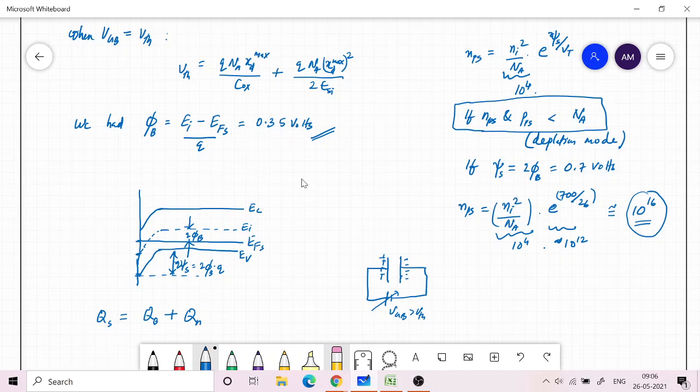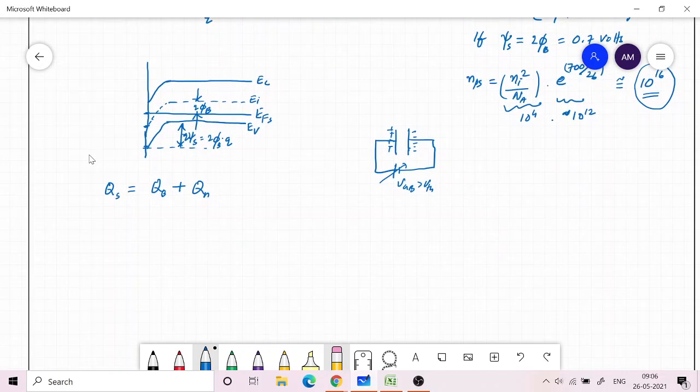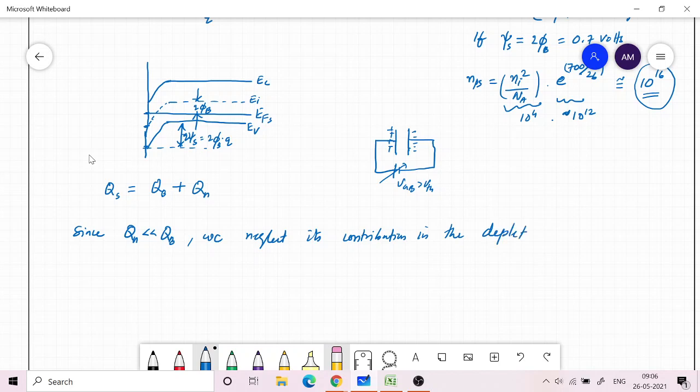Okay, so Qn was neglected in the depletion mode of operation. Since Qn is much less than QB, we neglect its contribution in the depletion mode analysis.